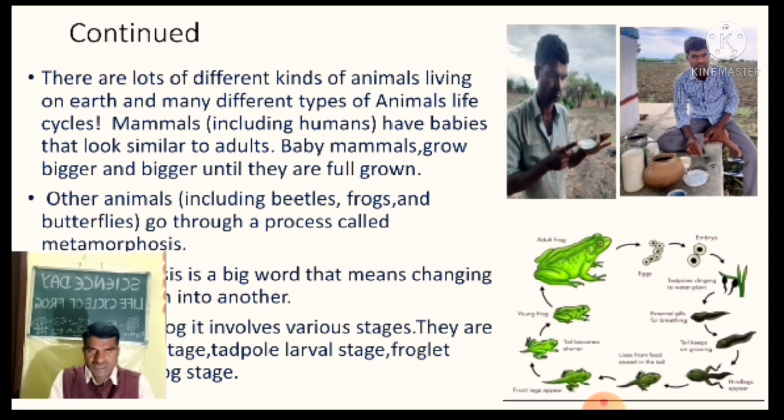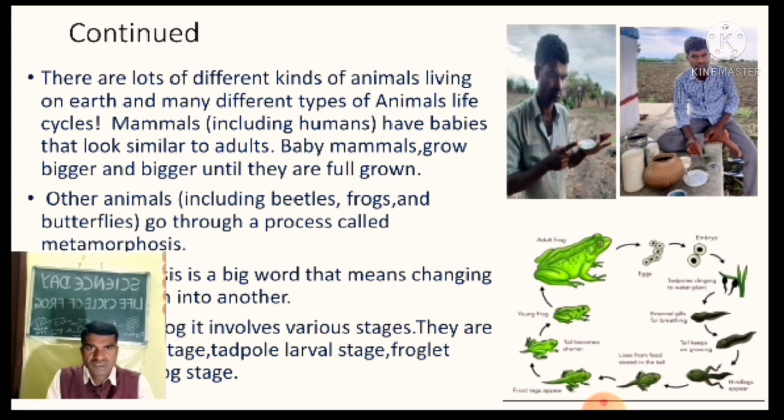In this ecosystem, each and every species we have to protect. If we are not protecting, the species will not survive. The parents are protecting their young ones. Likewise, amphibians also protect their eggs or their young ones.